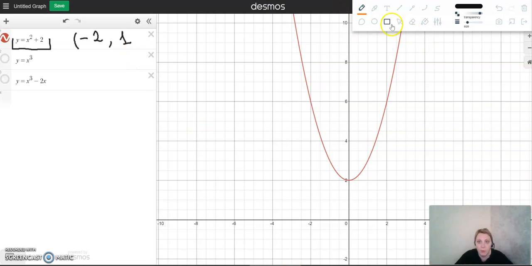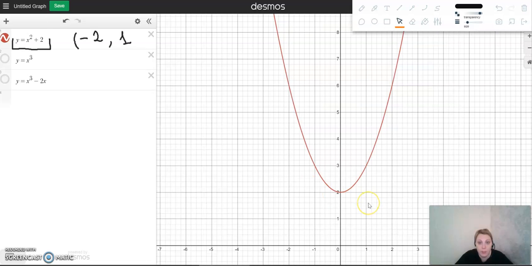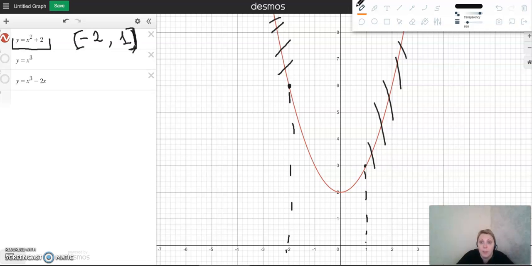So let's look at my function on that interval and that interval only. I'm going to look at Desmos, and these endpoints are included, of course. My x equals negative 2 is somewhere over here, and my x equals 1 is somewhere over here. This is the interval. The interval in between is what I'm interested in. Everything else is as if it does not exist.